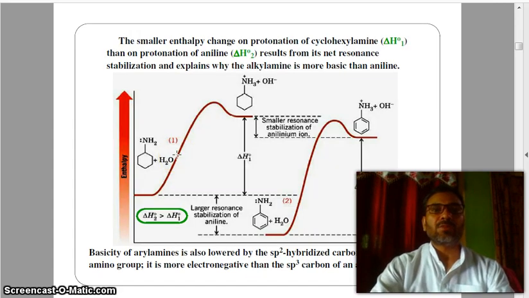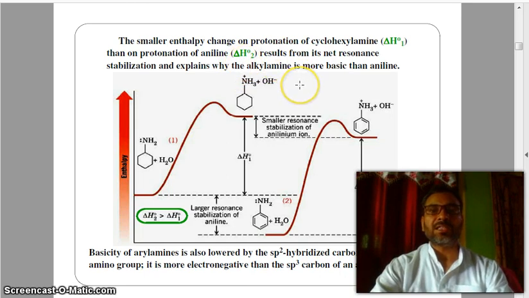So the smaller enthalpy change on protonation of cyclohexylamine, we call it del H1, and on the protonation of aniline, we call it del H2, results from its net resonance stabilization and explains why alkylamine is more basic than aniline.